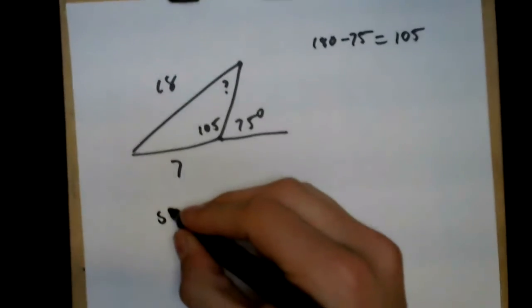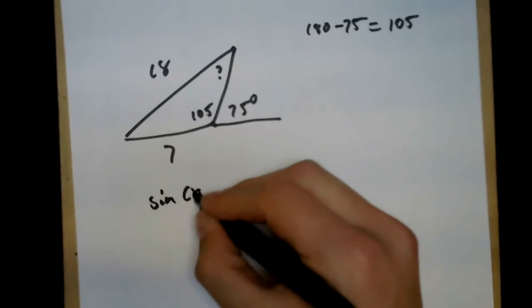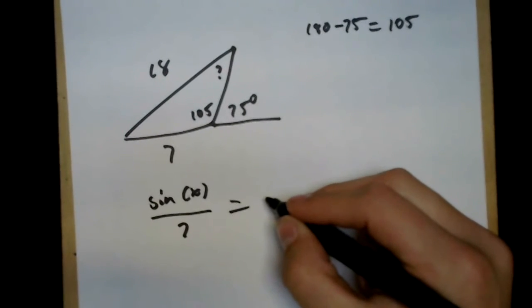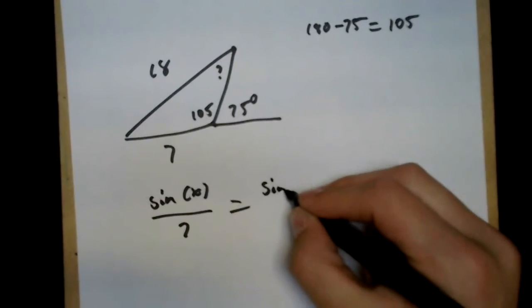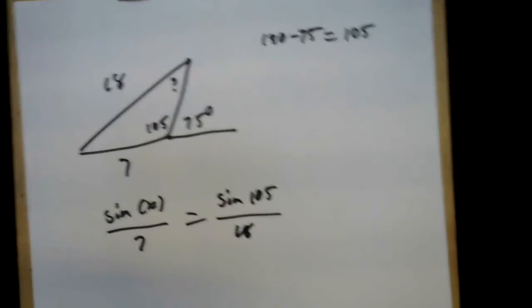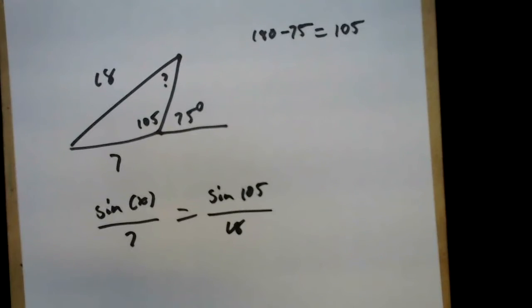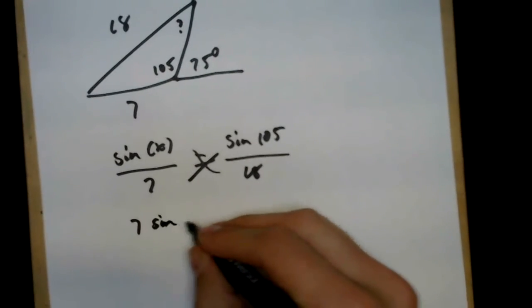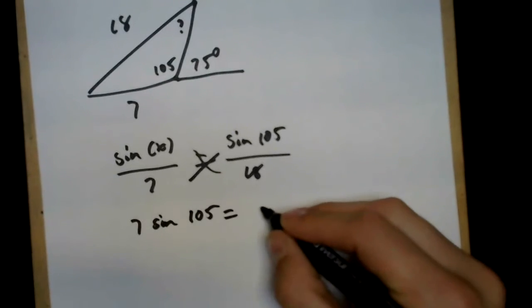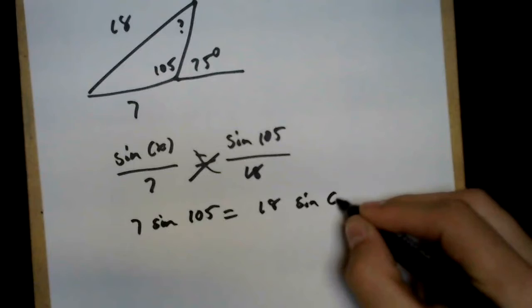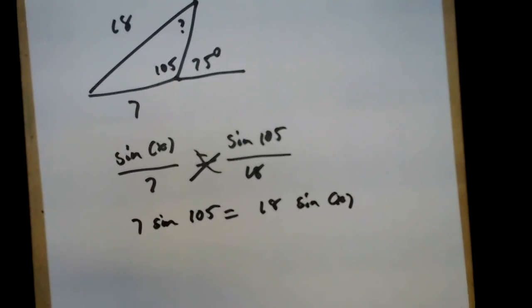So we'll say that sine of x over 7 equals sine of 105 over 18. You cross multiply, you get 7 sine of 105 equals 18 sine of x. You solve for x.